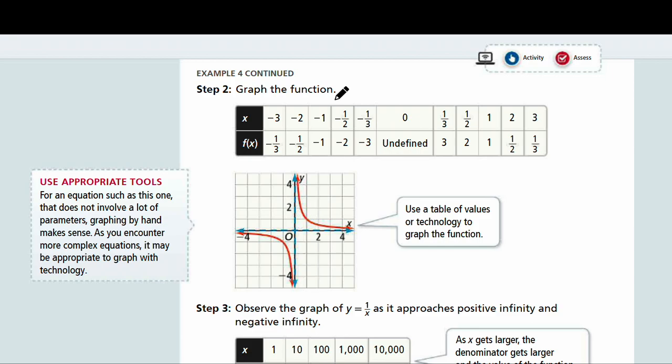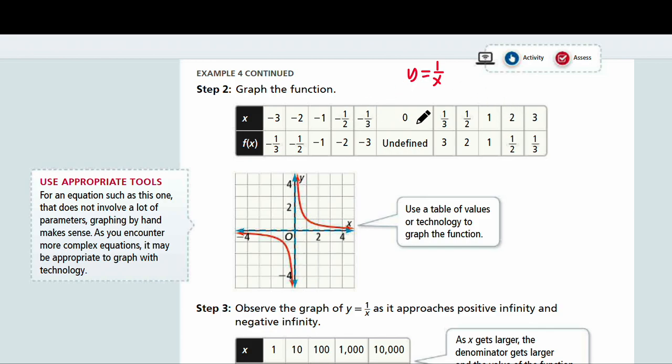We're going to graph the function using a table of values. So think about when x is equal to 0, it's undefined. What about some other numbers? When x is equal to positive numbers, if it's a whole number, we have a fraction, because your equation, remember, is y equals 1 over x.